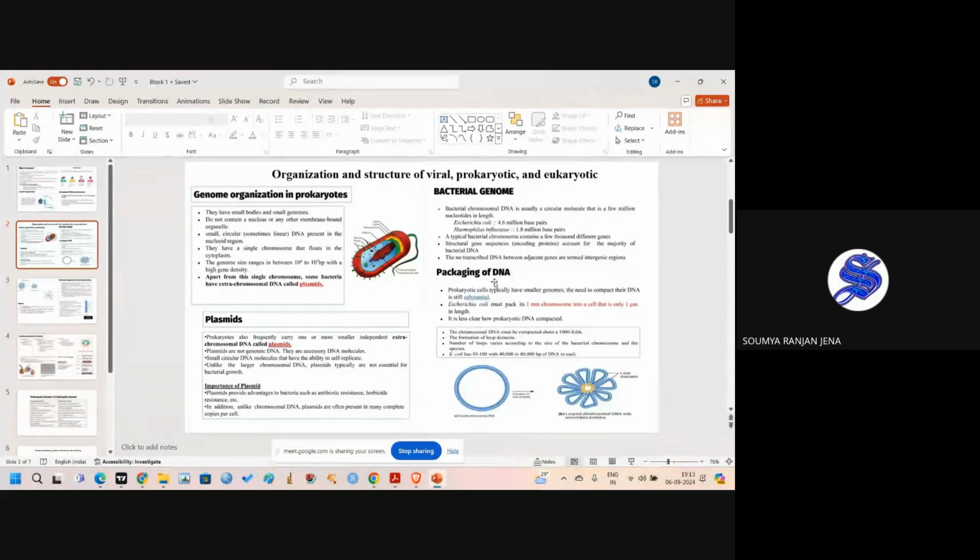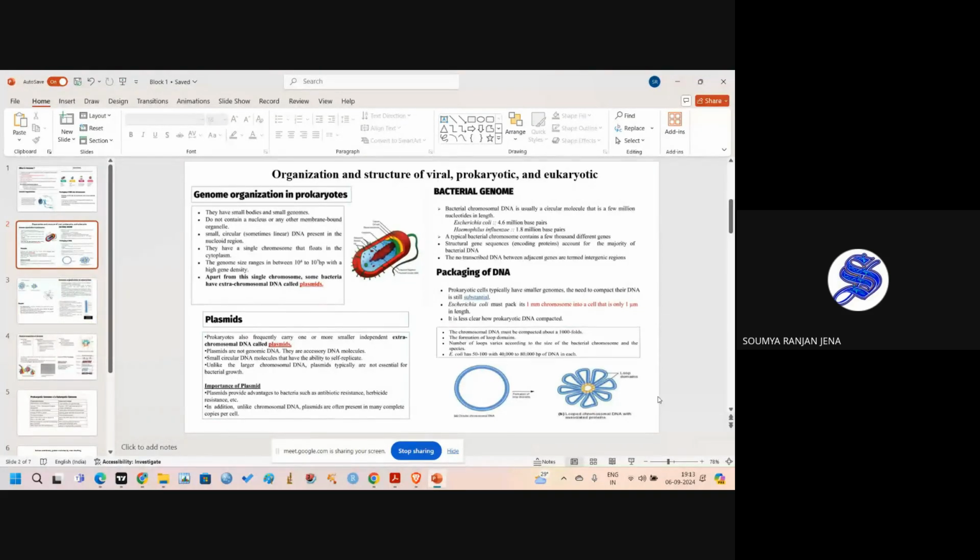Then if you go to the packaging of DNA, this circular DNA forms a loop-like structure with the help of DNA associated proteins, forming looped chromosomal DNA with associated proteins, and this loop contains loop domains.